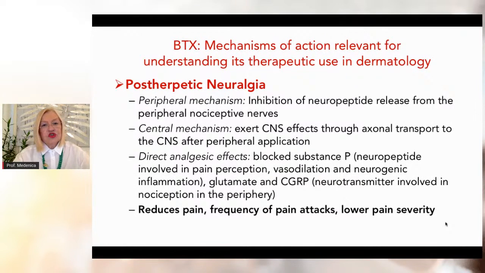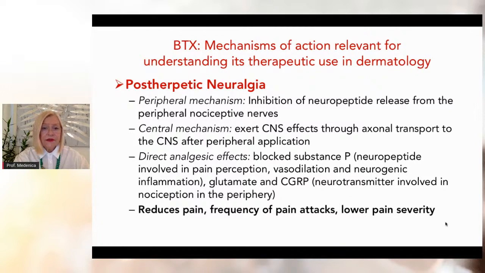Post-herpetic neuralgia can be treated with botulinum toxin thanks to peripheral and central mechanisms and also direct analgesic effects. The peripheral mechanism acts by inhibition of neuropeptide release from the peripheral nociceptive nerves.